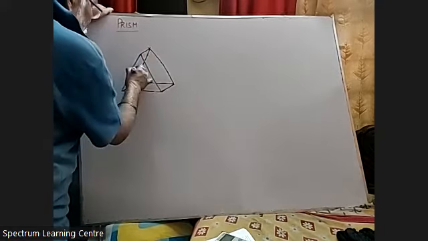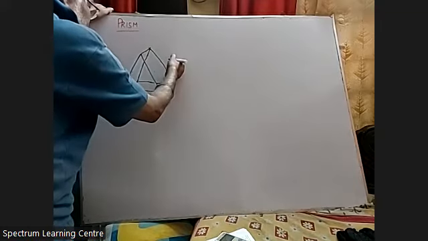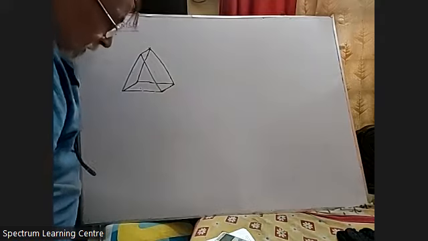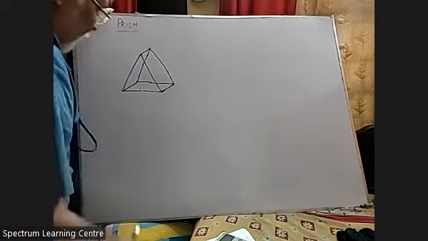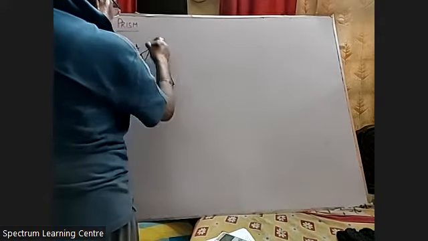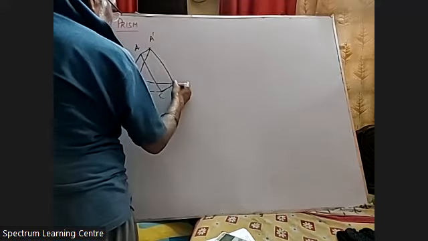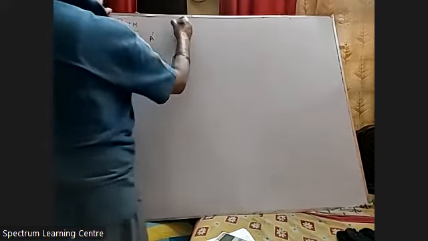Can you count? One, two, front one, three, back one, four, and the base. So I can name it as A, B, C, and A dash, B dash, C dash.